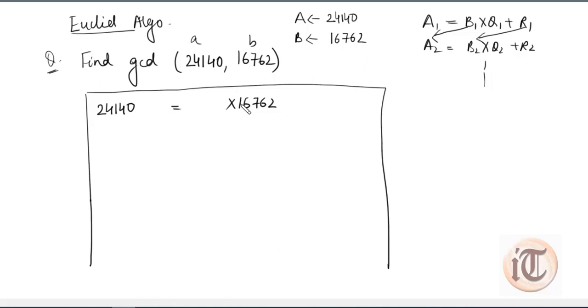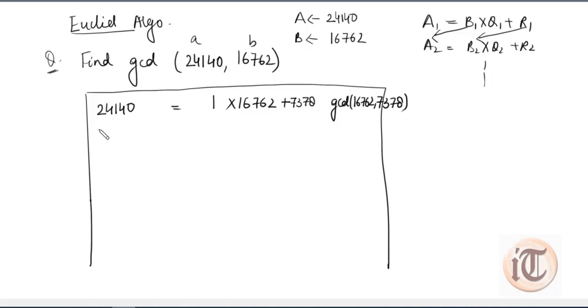If I multiply 1 with 16762, then the remainder will be 7378. So this becomes GCD of 16762 and 7378.